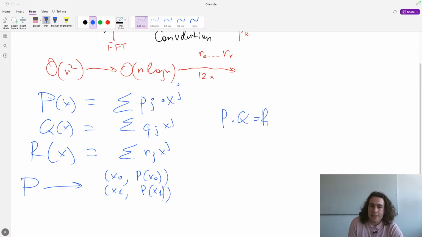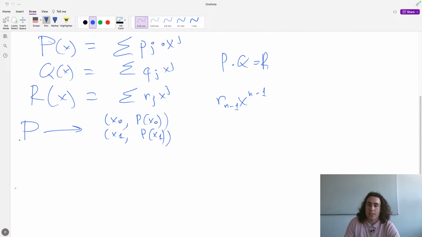Let's say that n is the size of these polynomials, so the largest degree of R is n minus 1. So the last summand is R(n-1) times x to the n minus 1. So P and Q are even smaller.